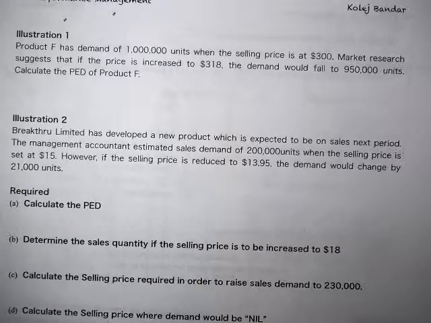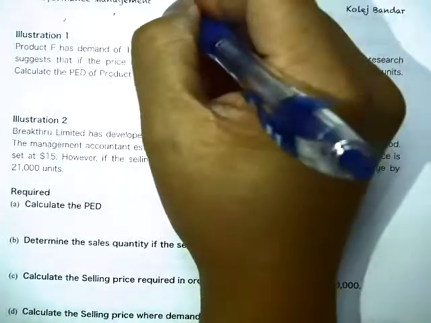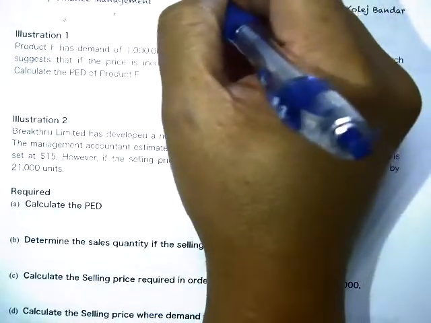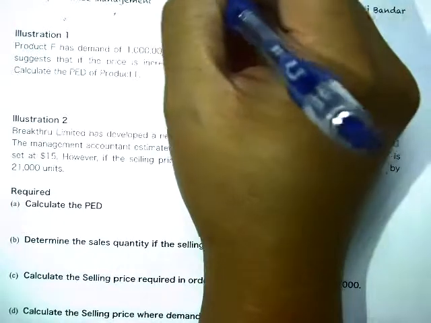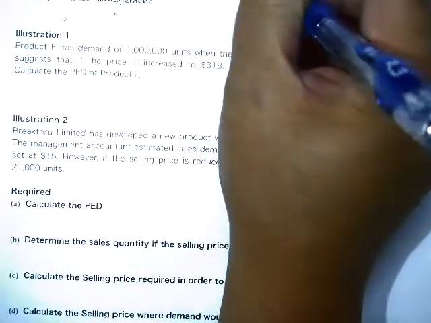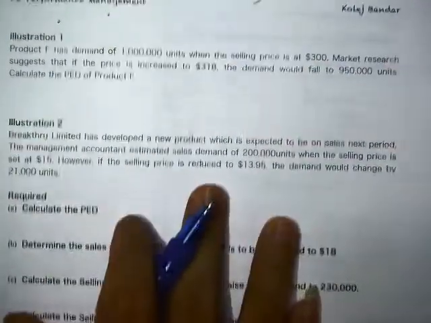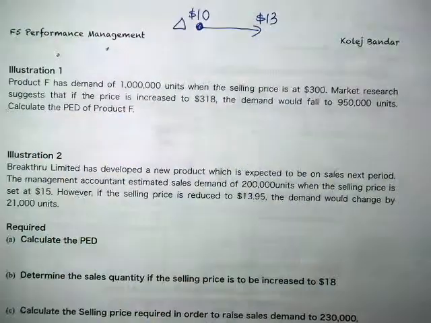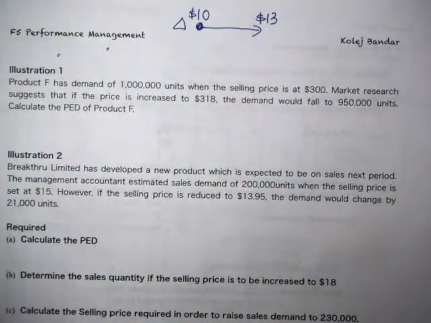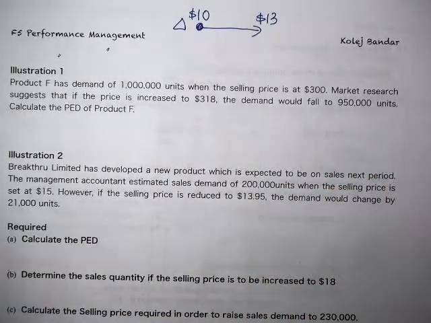Now class, it's important you must see from where to where, because change is point to point. So if it's from 10 to 13, the change is $3. 13 to 10, the change is also $3.